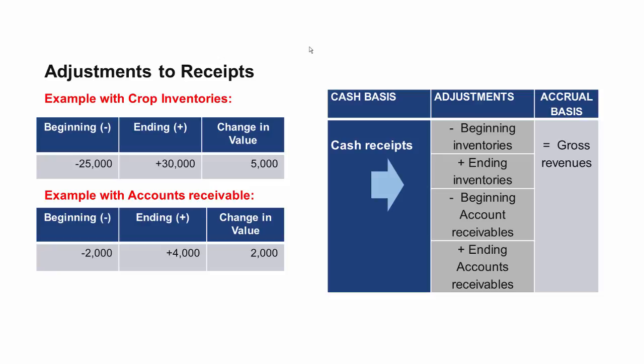In this example, ending crop inventories of $30,000 minus beginning crop inventories of $25,000 yields a change of $5,000 to be added to the receipts for crops.